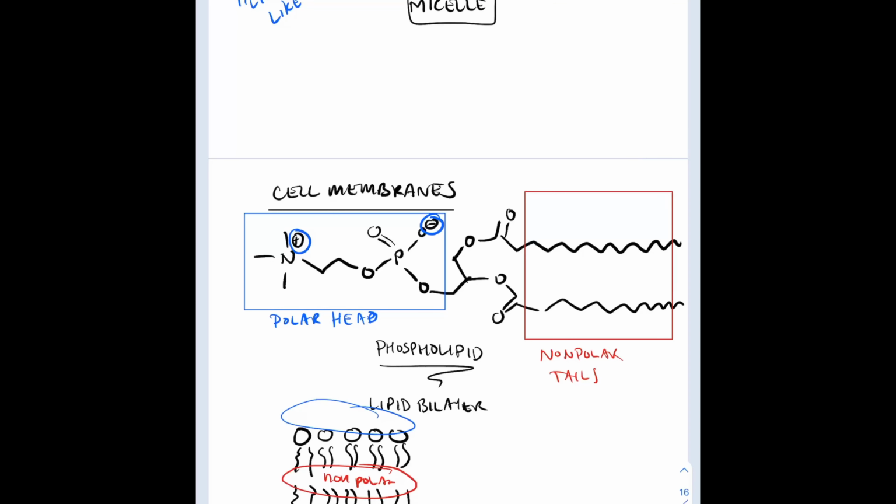And so very similar to the micelle and soap, but structurally a little bit different, but super important, right? Because cell membranes.